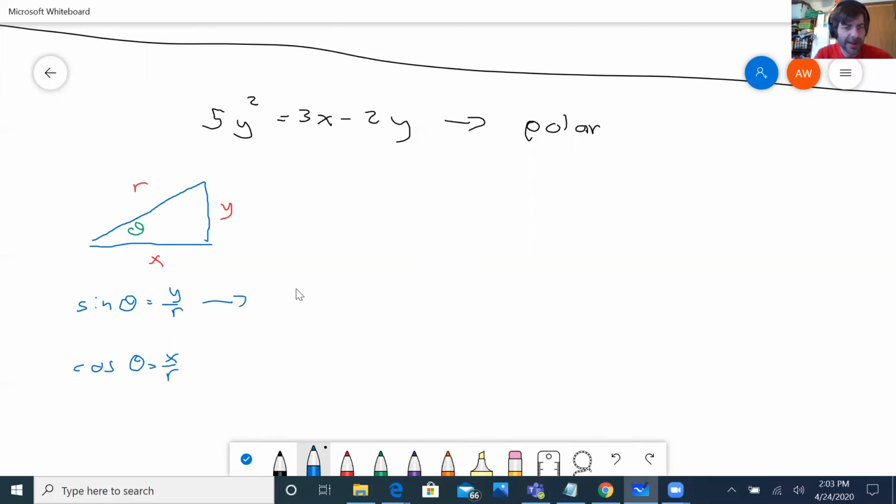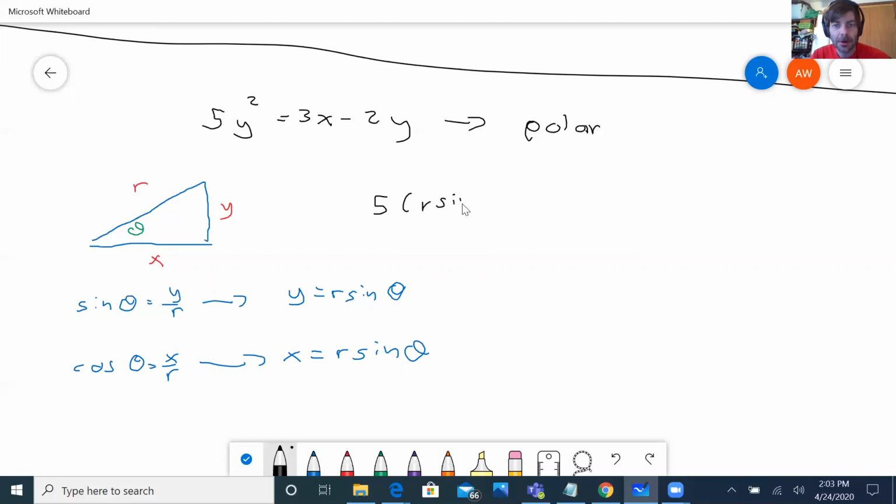So if I wanted to solve for y and x, we have them right here in terms of r and theta. All I'm going to do is just sub everything in. So I've got 5 times r sine theta squared equals 3 times r cos theta minus 2 times r sine theta.